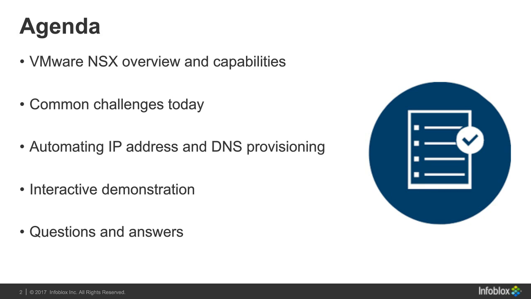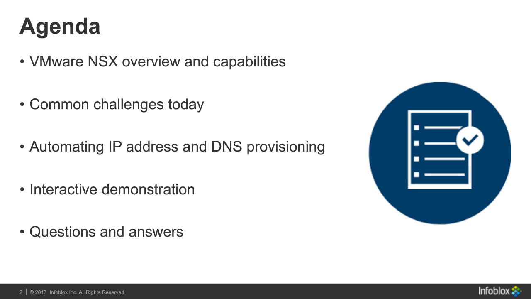So we'll show you the interaction of how Infoblox can work with VMware to really help automate and speed some of those provisioning processes across your SDN and your cloud architectures. And then, again, as I mentioned, at the end of the call today, have some time for Q&A.